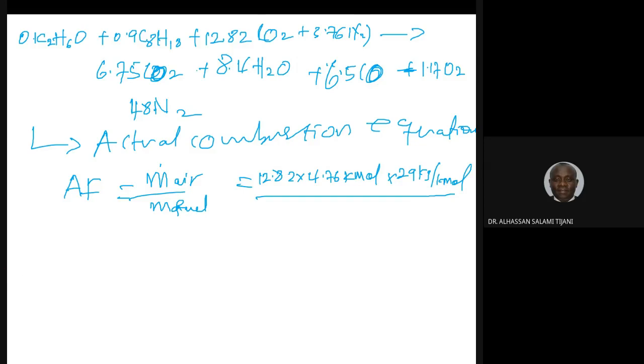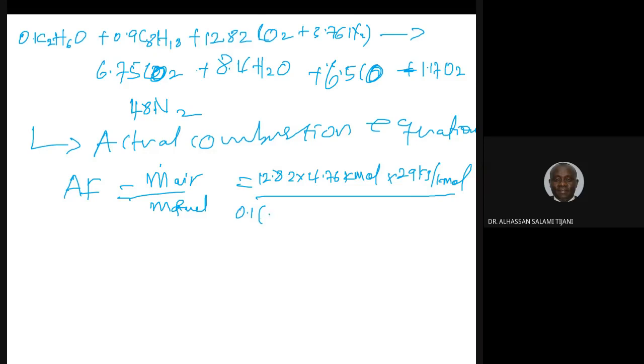So now, if you look at the fuel side, we have 0.1 kilomole of the ethanol. Okay, so 0.1 times the molecular mass of the ethanol. So molecular mass, we have 2 carbon, and then 6 hydrogen, and then 1 oxygen.